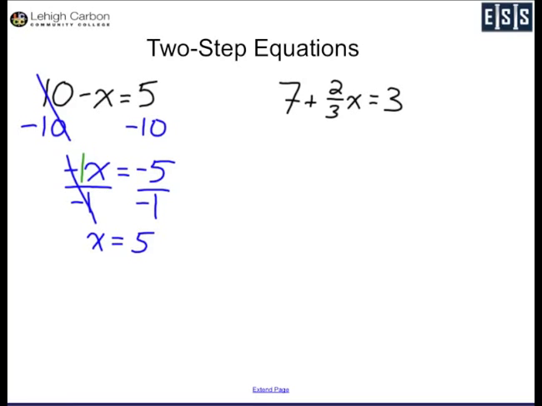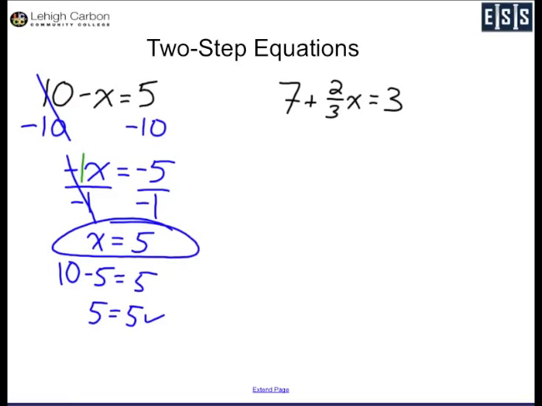Plug this back in to check. 10 minus 5 equals 5. Yes, 5 equals 5. When you're doing a problem like this, don't lose track of that negative sign. Because you could also consider this as being 10 plus a negative x instead of 10 minus x.